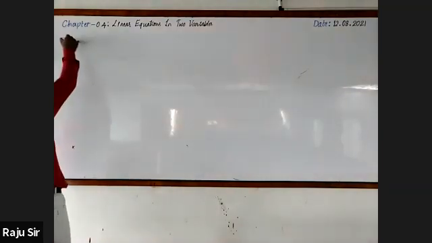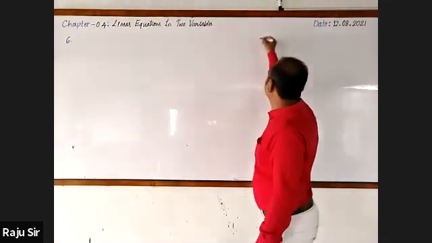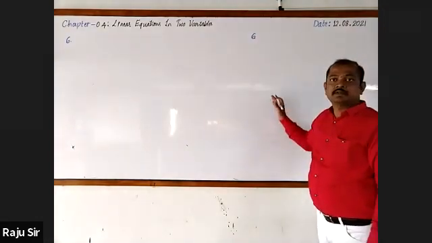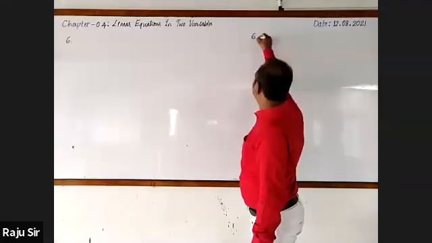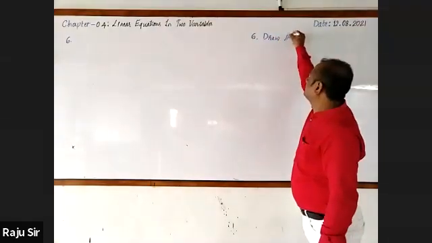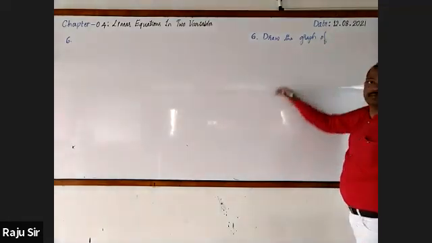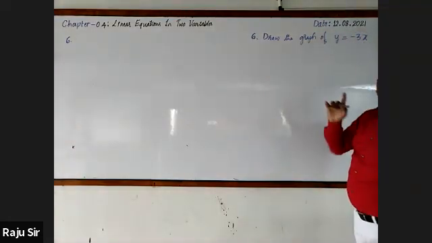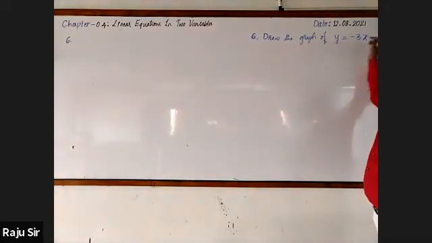Now the sixth one. Start writing with me. Draw the graph of y equal to minus 3x.